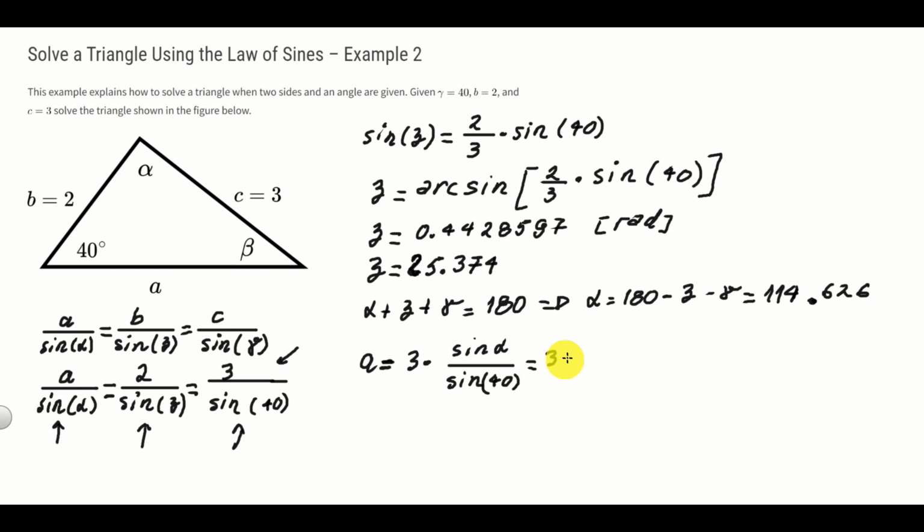This is equal to 3 multiplying sine of 114.626 over sine 40. And if you substitute this in your calculator or in Python, you will obtain that A is equal to 4.2427, and that's it.